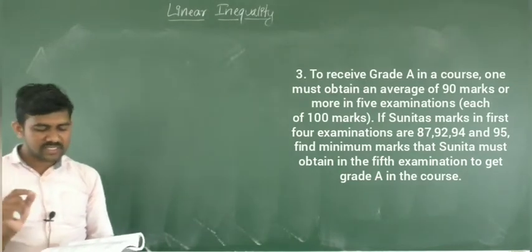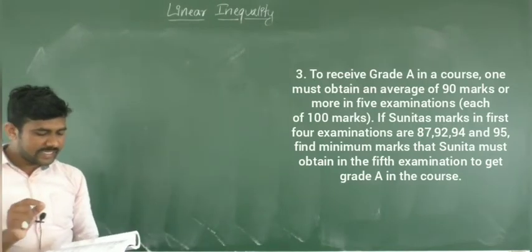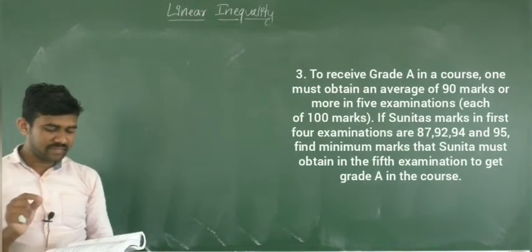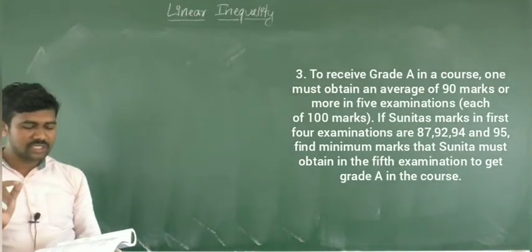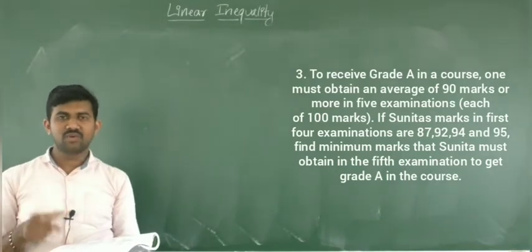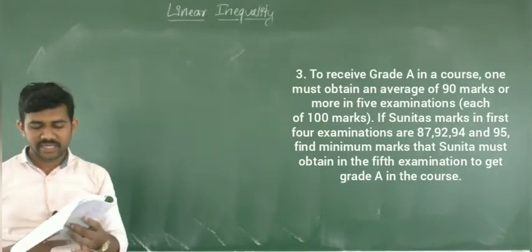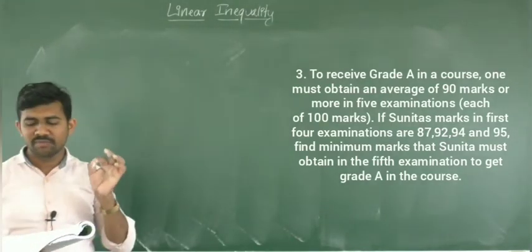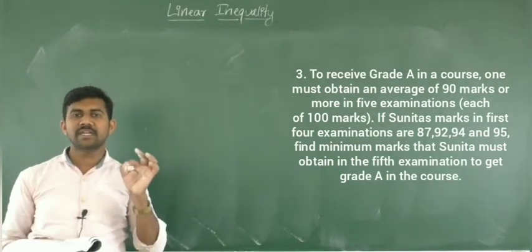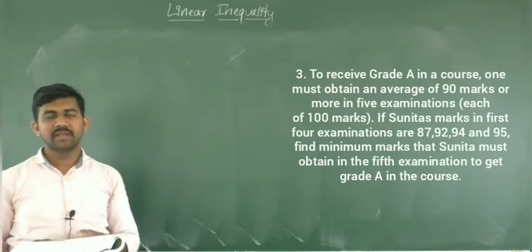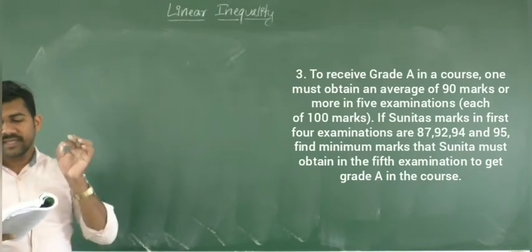If Sunita's marks in the first 4 examinations are 87, 92, 94 and 95, find the minimum marks that Sunita must obtain in the 5th examination to get grade A in the course. See, to get grade A in that course, one must obtain an average of 90 marks or more, that is, at least 90 marks.